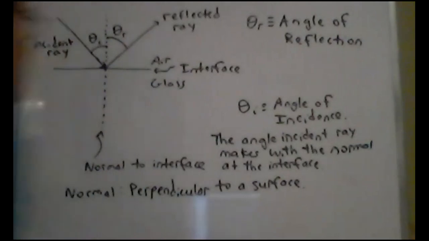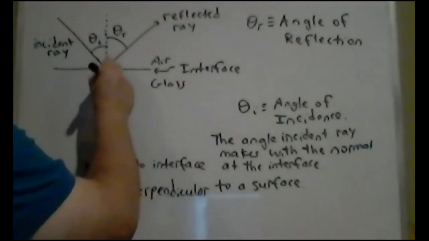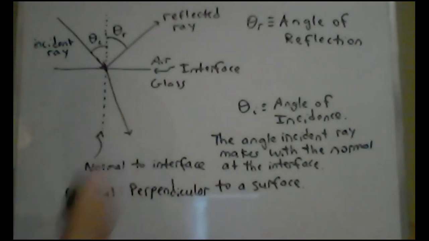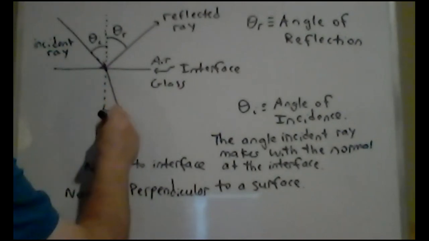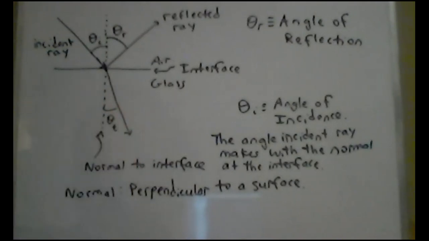So we may have a ray of light reflecting off of the interface, and at the same time, some of it will transmit. In so doing, we have a transmitted ray, and it'll be at an angle theta sub t.